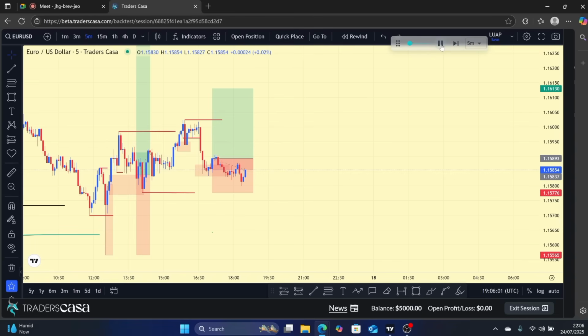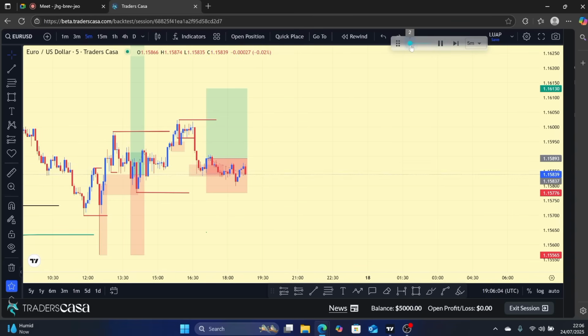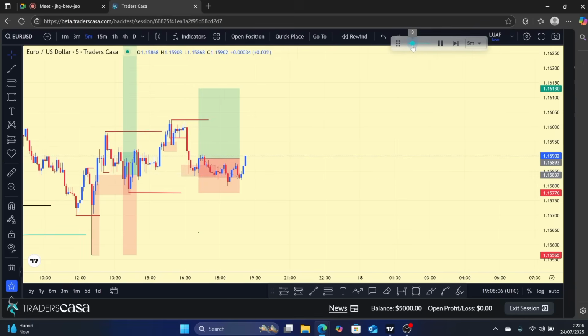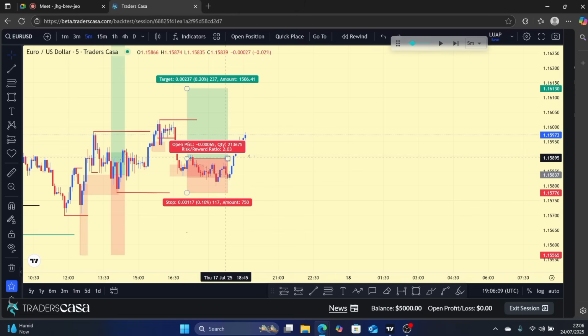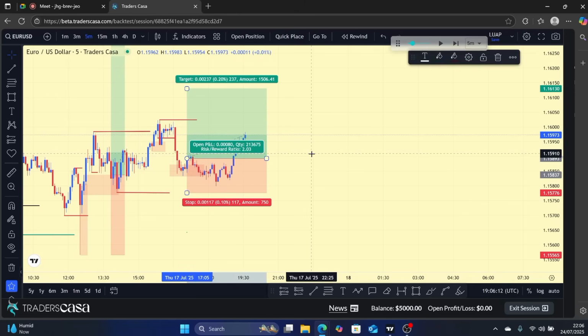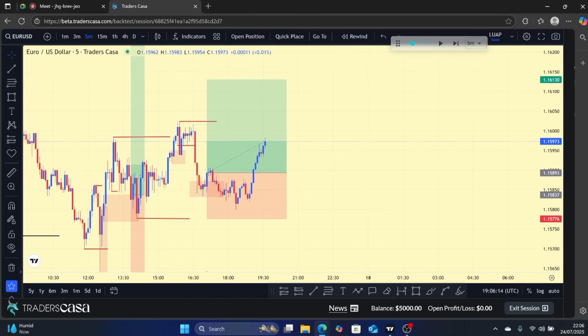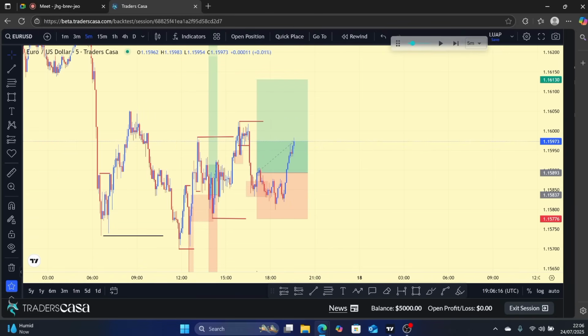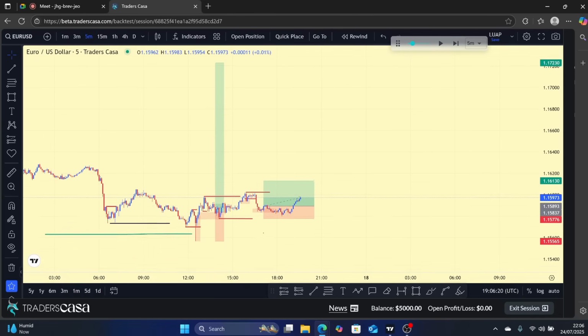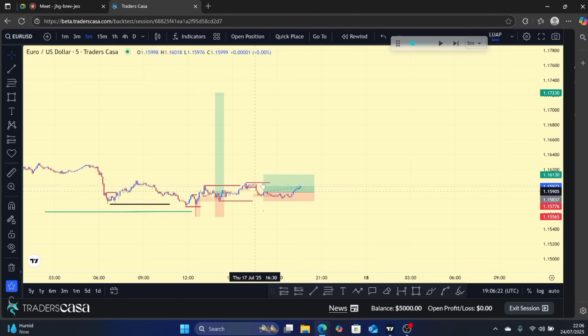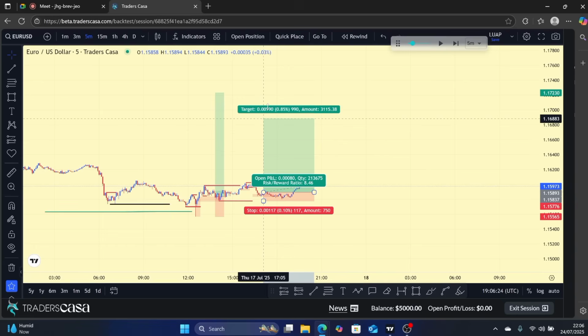So as you can see right here, let me run the price first. You can see price has now got out of that consolidation phase and is actually moving in our direction, in our favor. And of course I said you should be targeting the external liquidity.